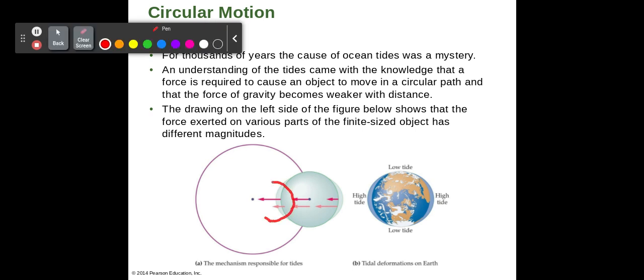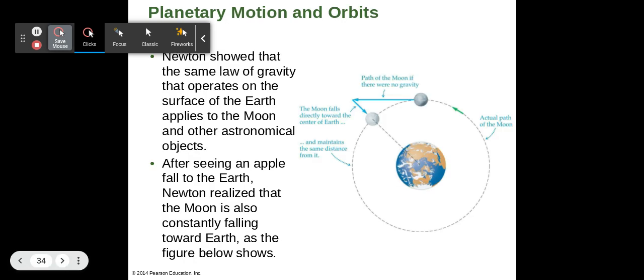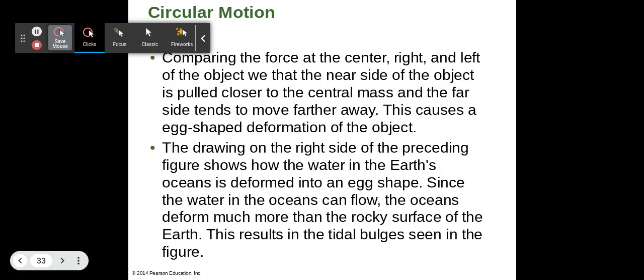So this side of the object is closer to the other object's center of mass compared to this side. So this side is going to feel a stronger attraction than this side. This causes the shape of the object to be deformed and form more of an egg shape than a perfect circle.